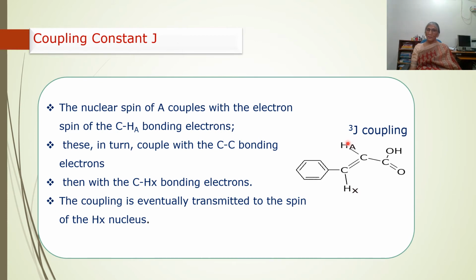Here, from proton A to proton X, there are three intervening covalent bonds: 1, 2, 3. So the coupling constant between proton A and proton X is known as J3 coupling.